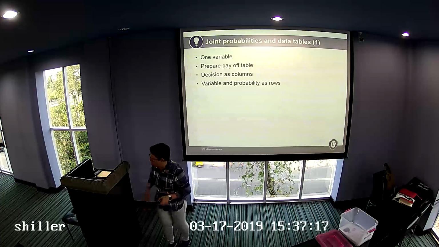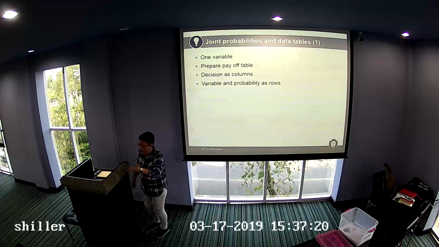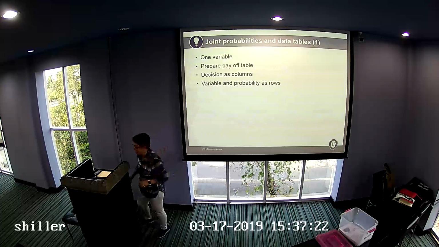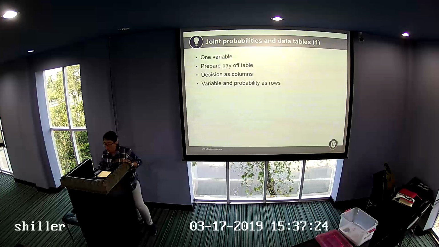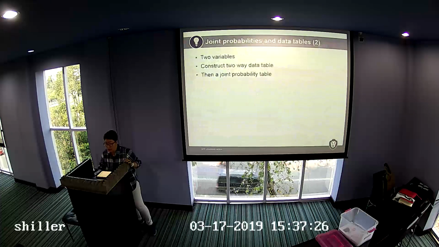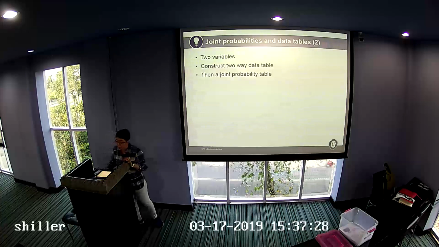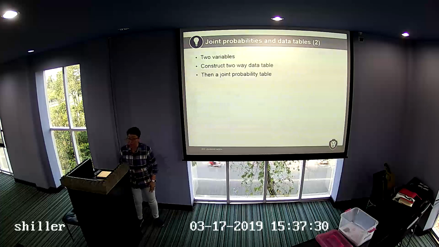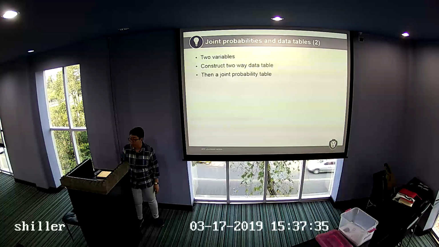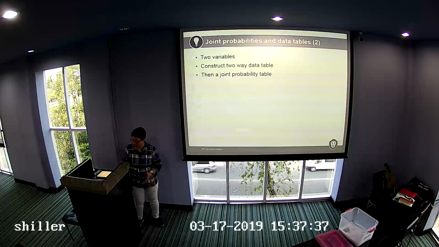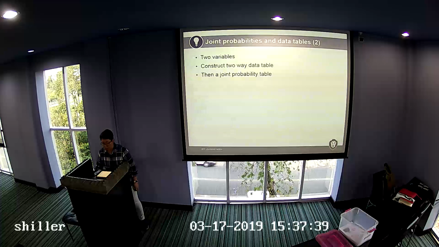In terms of the situation. So it's easy. And we learned how to calculate a payoff table. This is what this slide is saying to us. However, there are instances when there are 2 variables, so you have to construct a 2-way table and then prepare a joint probability table. Okay?